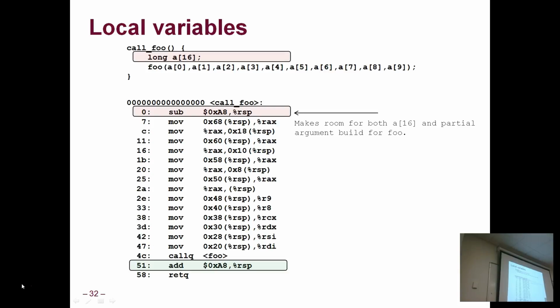If you just wanted to pass by reference, you could just say foo of A, and then it would pass the pointer to A, and it would be a single argument in RDI that would get passed. Because if you use the array name by itself, you're actually using the address of the first element as the pointer. So that would be an efficient way of passing A rather than doing all this mess.